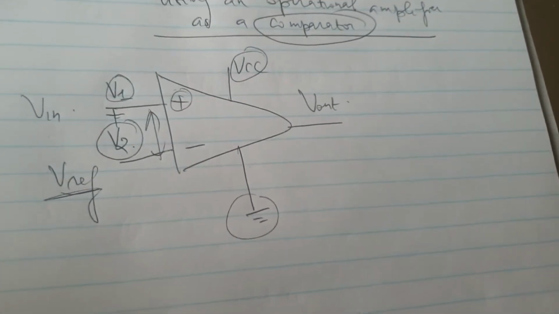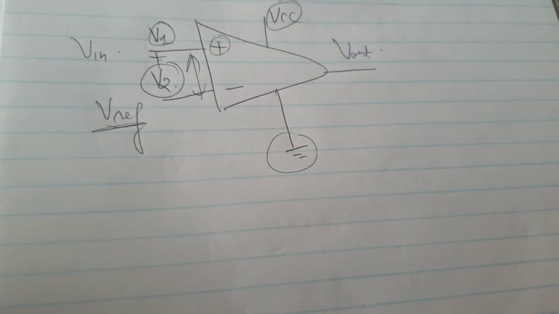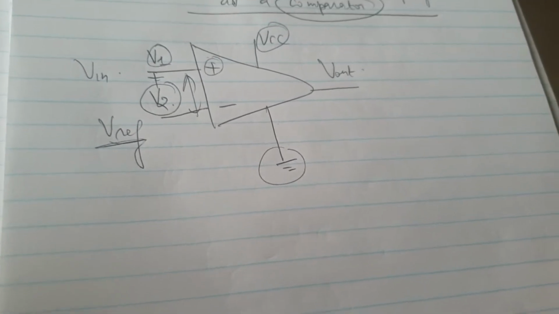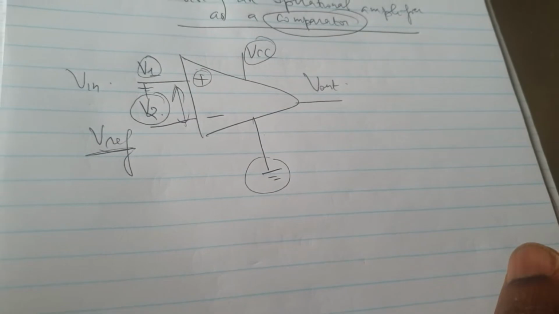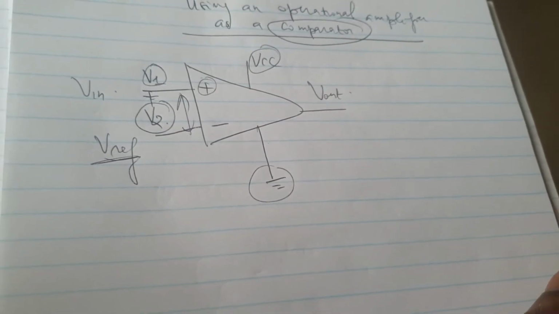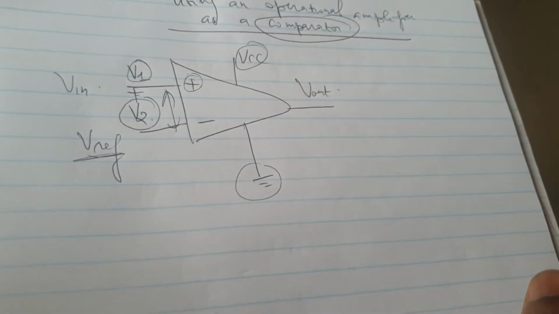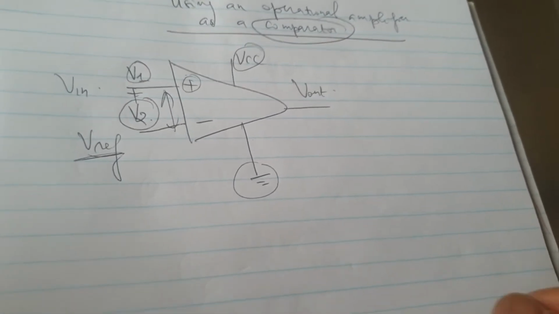Most of the time you use a comparator, let's say, when you have a circuit and you're trying to monitor a voltage level. Let's say you're charging a DC battery, and you want the charging circuit to stop whenever the battery is charged above maybe 13 volts. So you would use a comparator.